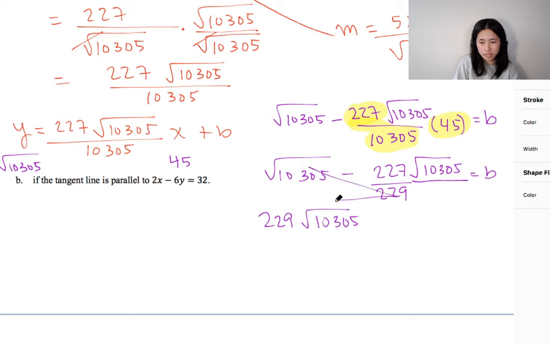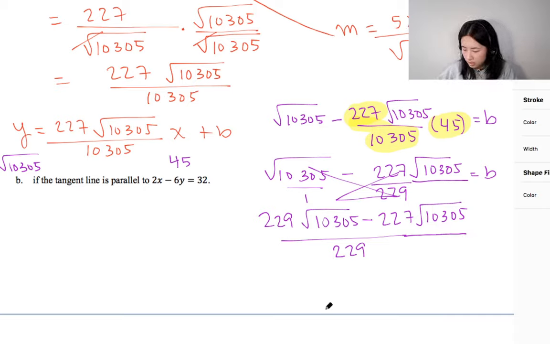So the denominator is going to be 229, and then multiplied by the negative sign right here, remember this is over 1, so this is 227, and you have 10,305. Okay, so now we have like terms, because we have the same radicals, so we can just say 229 minus 227. Let's see.